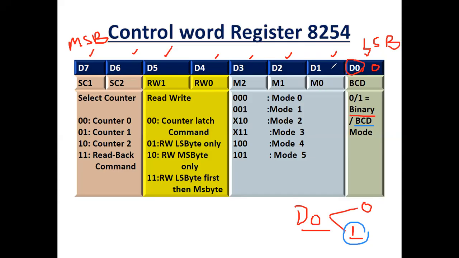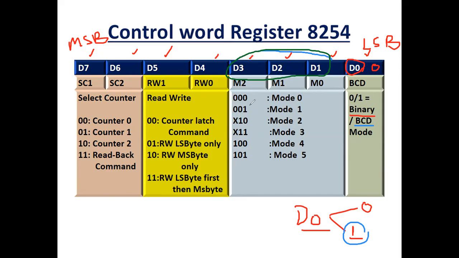So by the value of these 3 bits, that is D1, D2 and D3, we will decide the mode of operation of this 8254 timer. So with these three bits, these are the possible combinations. We have three bits D1, D2, D3. So if all three bits are 0, who will set the value of these bits?